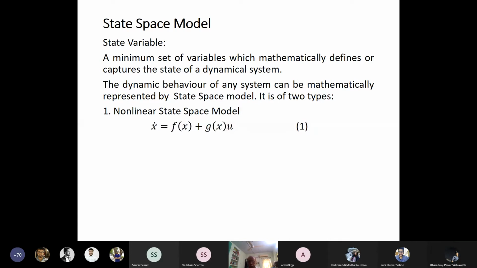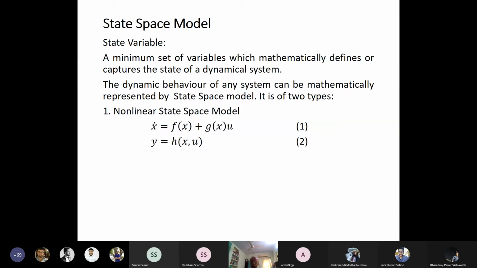So this is basically a control affine form of the nonlinear state space model, where the state equation is given by x dot is equal to f(x) plus g(x) into u. Here x is the state variables, u is the input variables, and the output map equation is y is equal to h(x, u). Y is basically the output variables.